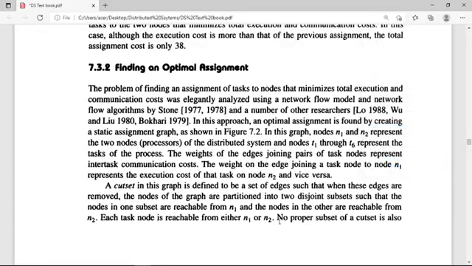So in optimal assignment of tasks, we will have an approach which is called optimal assignment, and it is found by creating the static assignment graph. I will show you that graph.